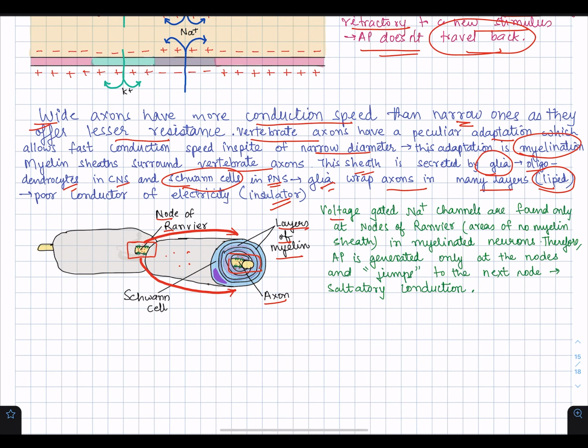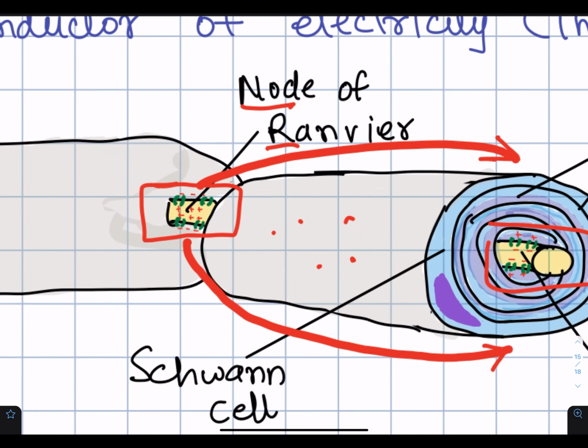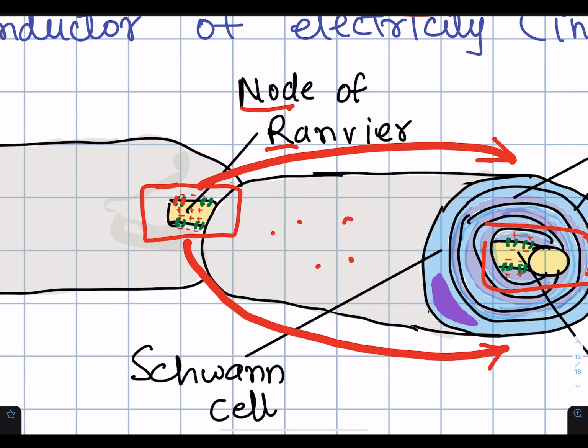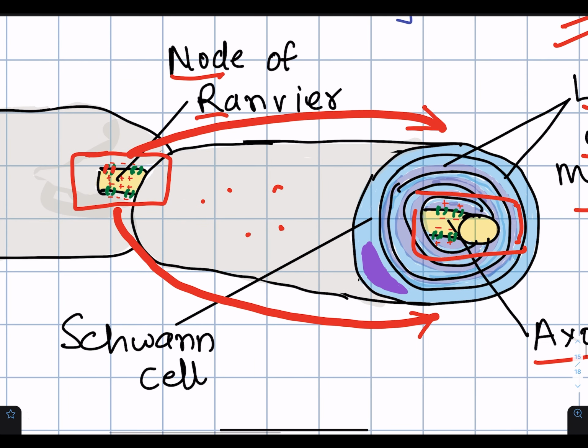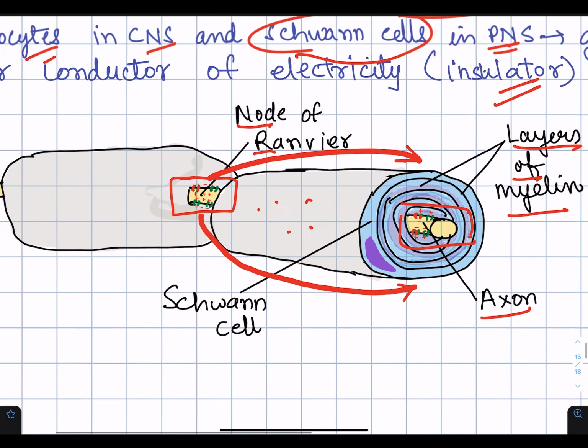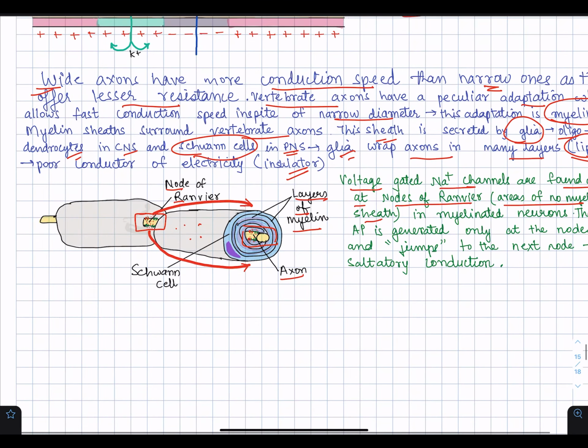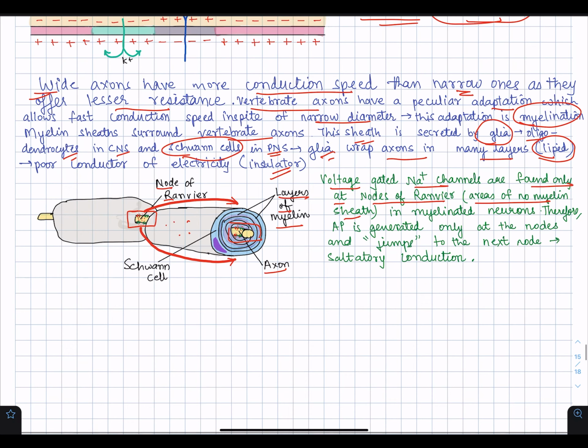So voltage gated sodium channels are found only at the nodes of Ranvier, which are areas of no myelin sheath. See, here I have shown you these voltage gated channels. Here also the voltage gated channels are green colored, you can see clearly. So they are found only at these nodes in myelinated neurons, of course.